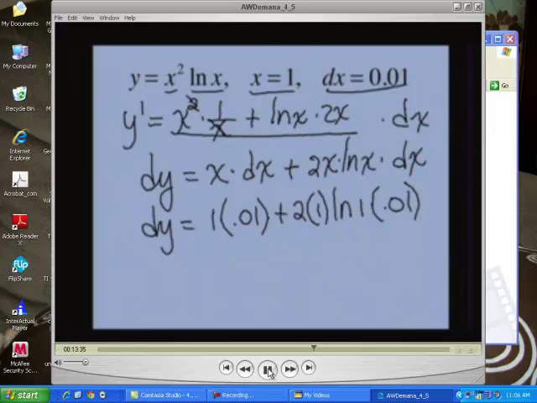And when we work all of that out, remember that the log of 1 is equal to 0, which means this entire term is 0. So dy will equal 1 times 0.01, which of course is just 1/100th.